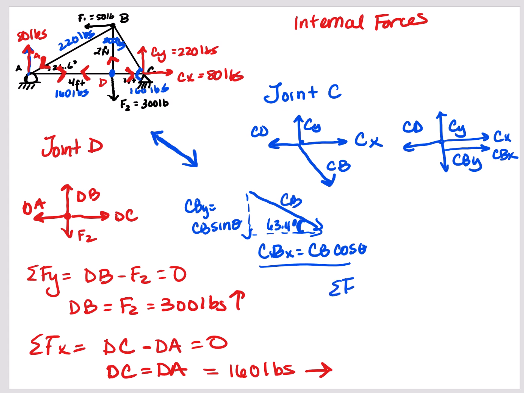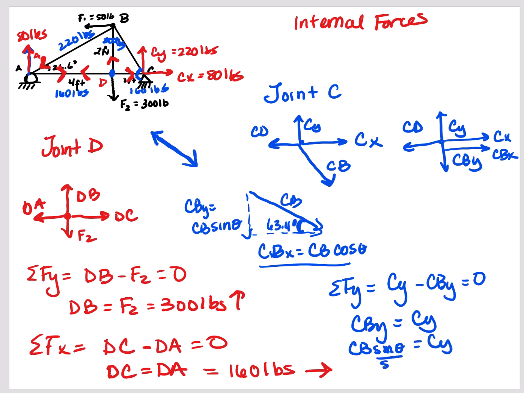So that means the sum of Fy is equal to Cy going up minus Cby going down. This has to equal 0. So Cby is equal to Cy. Cby, I'm going to substitute in, is Cb sine theta equal to Cy. I'm going to divide both by sine theta.